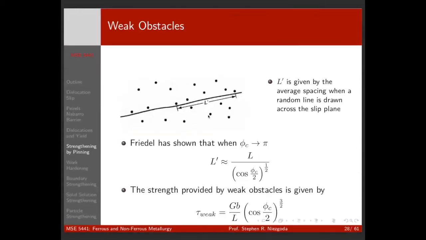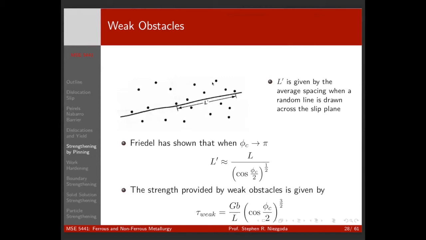If we have obstacles that are easier to cut, our dislocation line remains straighter. So our effective length is not really the length between the obstacles. It's approximately the straight line length between obstacles. If we have strong obstacles that are enough to really pin, our dislocation line first gets stuck, and then it bows out between each set of these pinning pairs. So the effective pinning length is really the separation between those particles.